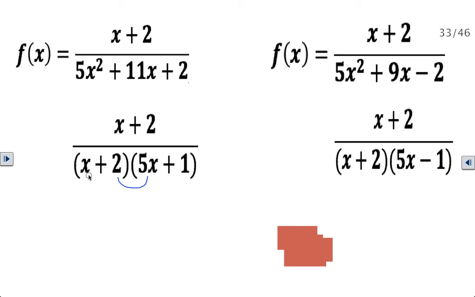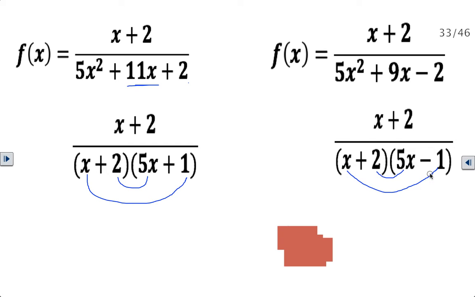If you multiply these two terms together and these two terms together and then add your answers, you should get your term here. So in this case, we have 2 times 5x gives you a 10x, and an x times 1x gives you an x, so 10x plus 1x gives you an 11x. And then same thing over here, 2 times 5x gives you 10x, and an x times negative 1 gives you negative 1x.